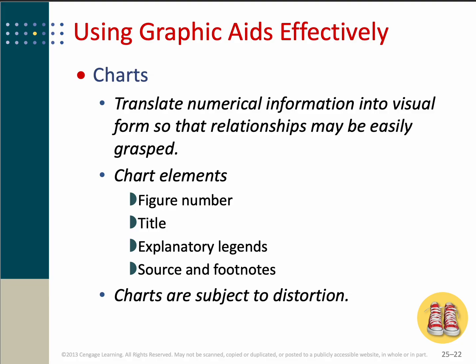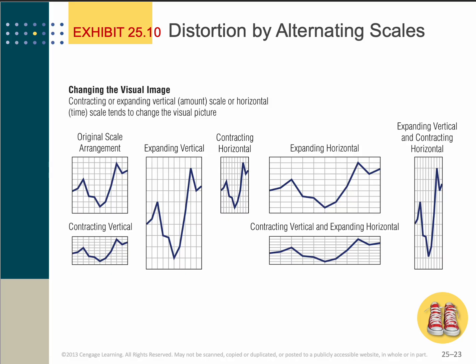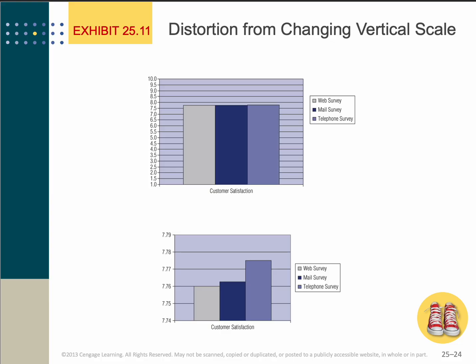Graphics, charts, title, number. Can you see it? If you throw it up on a screen and the numbers are so small you can't see them, what good is it doing you? So you want to be pretty careful about this. Distortion. You've got the X and Y axis. You want it to start at 0. You don't want to overemphasize the differences between certain bar graphs or histograms. They show you that here.